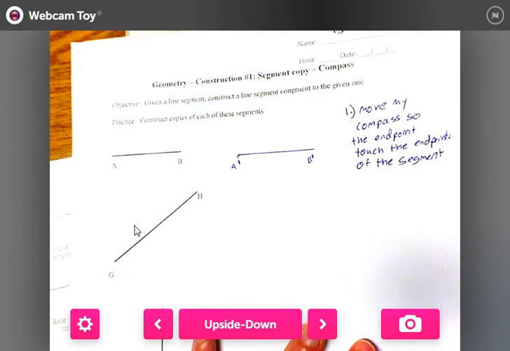Does that make sense? I don't want to say I want to make it bigger or smaller because I don't know what my compass is going to look like when I first get it out, right? The last person who used it could have made it really wide or really tiny. So I just want to move it to there.